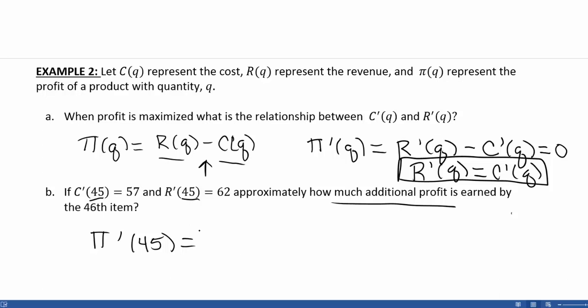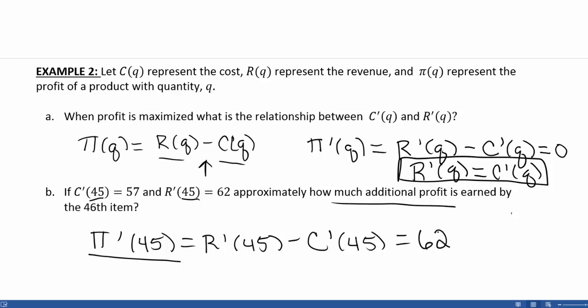Well, as we saw in the previous part of this example, we know that marginal profit is marginal revenue minus marginal cost. But we're looking at all of these things for Q equals 45. So we need the marginal revenue at 45 minus the marginal cost at 45. We know these values from the earlier part of the problem.